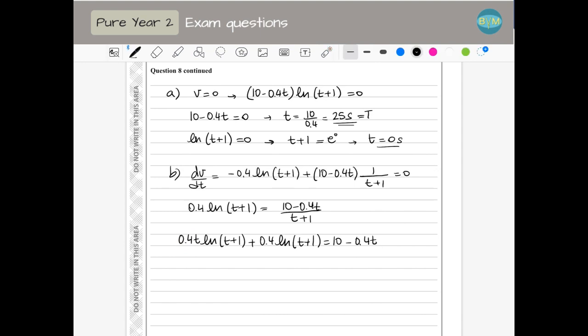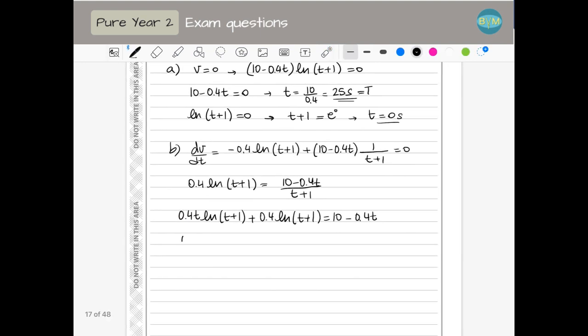So I have 0.4t times (ln(t plus 1) plus 1), and this is equal to 10 minus 0.4 ln(t plus 1). So this one here goes minus.